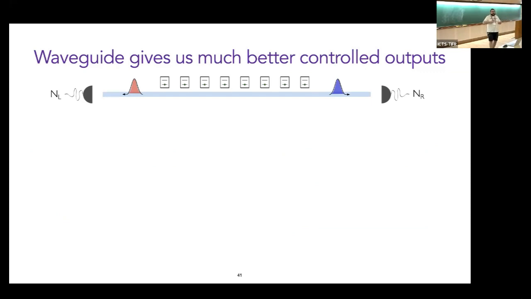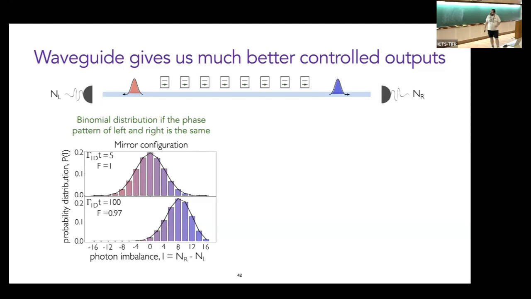I have something that is guiding my light and taking my light to certain places. So then I can look at, well, if I have my initially excited ensemble, at the end of my experiment, my transient pulse has been emitted, all of my emitters are in their ground state, and I now have some packet of photons that's going to the left and some packet of photons that's going to the right.